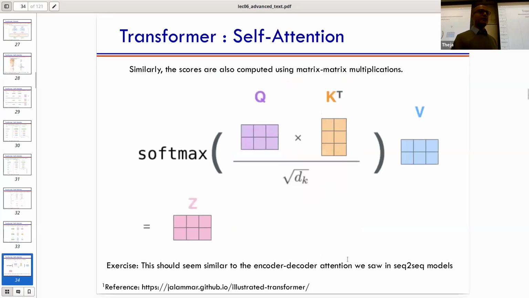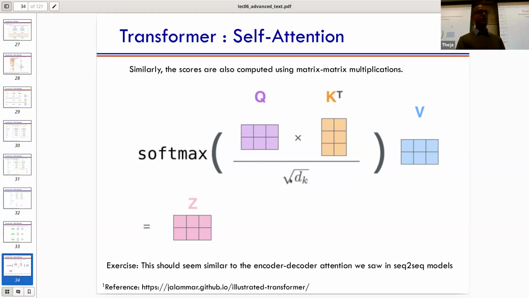The computation of Z can also be shown in a vectorized way, where you just take Q times K transpose. This is a matrix multiplication, which GPUs are very efficient at. Then some scaling, a softmax operation element-wise, and then multiply that with V. So it's just a bunch of matrix multiplications going on.